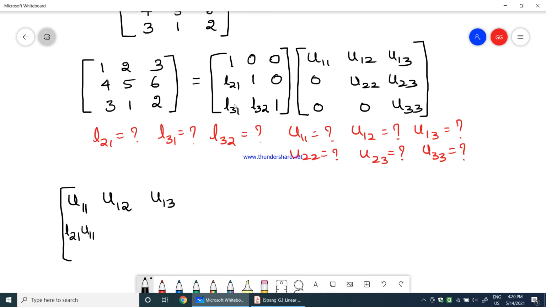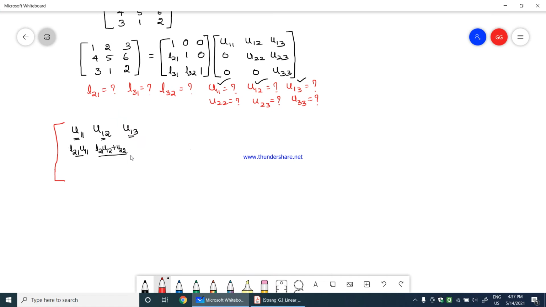Now the second entry is L21 into U12 plus 1 into U22, which is U22. The third element would be L21 into U13 plus 1 into U23, so it is U23.